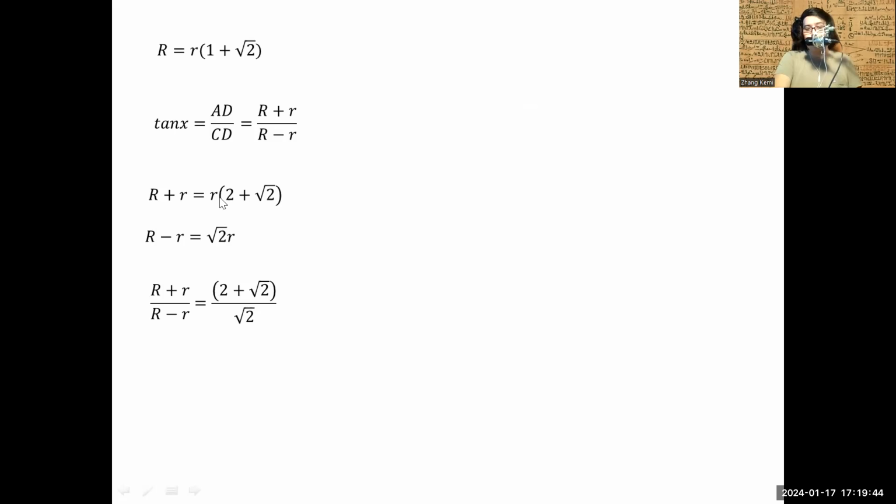In this case, the small r can be cancelled off in the ratio. And thus, we get the ratio of tangent of x equal to, if I simplify this term, the square root of 2 plus 1, and that's it.